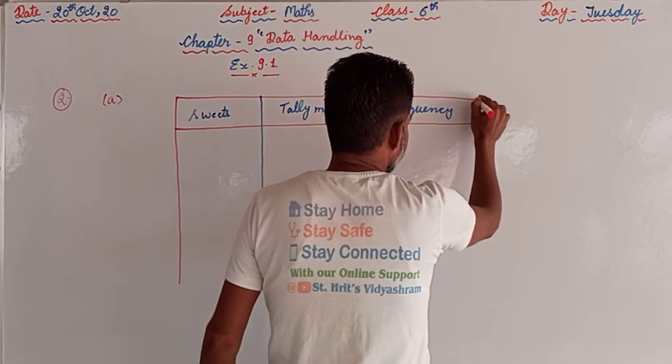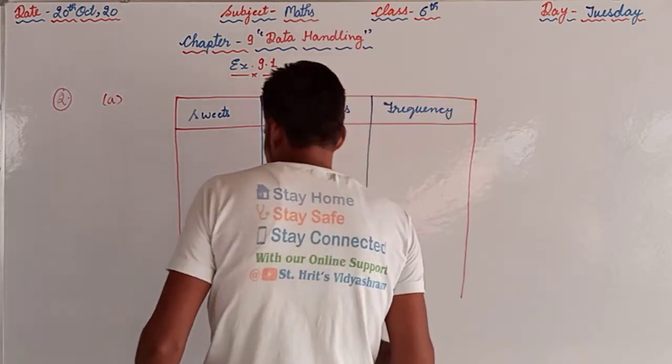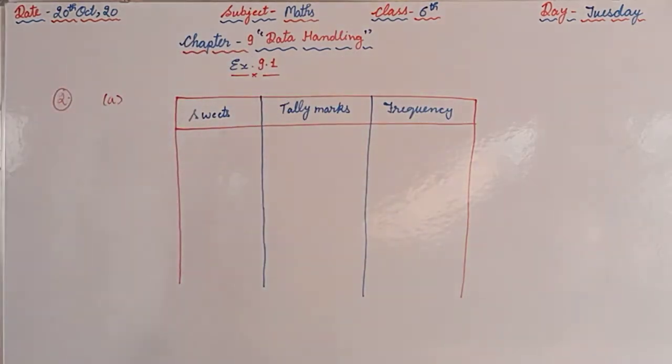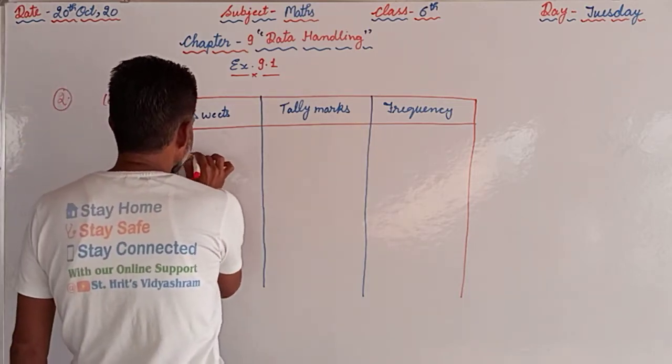And then how many sweets are there? The laddu, barfi, jalebi and rasgulla. 1, 2, 3, 4. 4 sweets are there. So we will prepare the 4 rows.